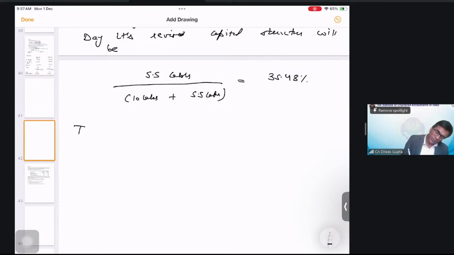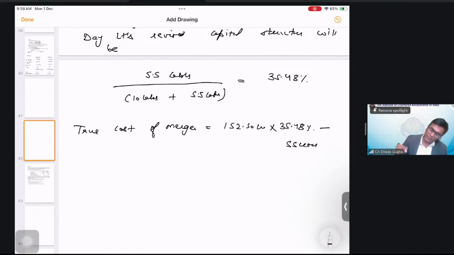So that true cost of merger will be, in the overall amount of valuation, how much belongs to Night Limited minus the consideration that we have paid. So this is minus 0.893 crore, students.